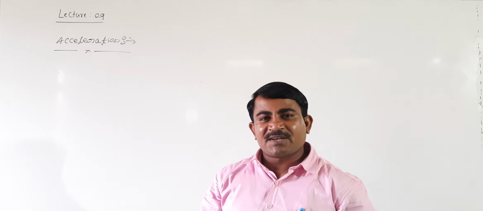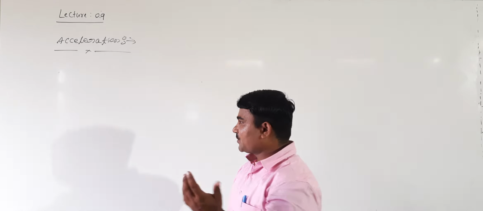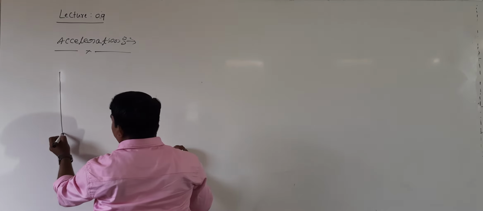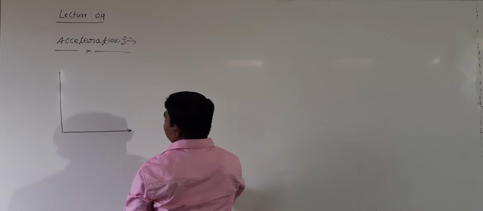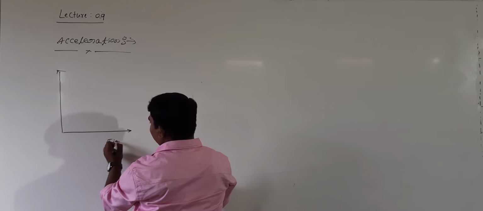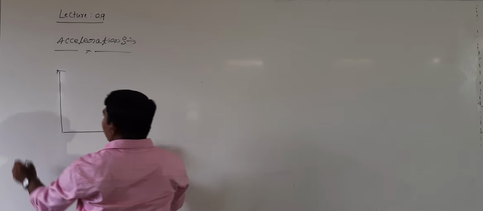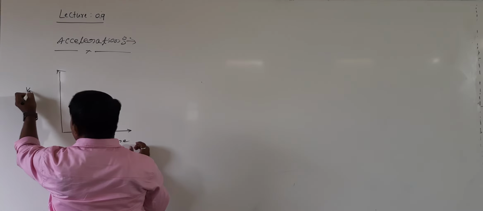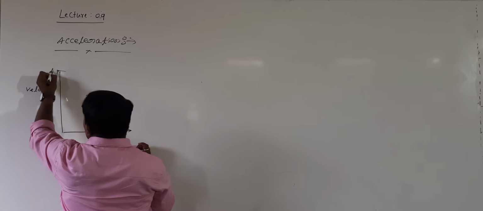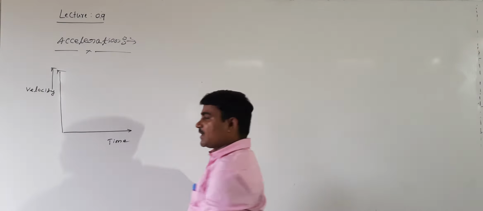For a uniform acceleration, how does the nature of graph look like? See here, like this. Along the x-axis we have taken the time, along the y-axis we have taken the velocity. This is nothing but origin.